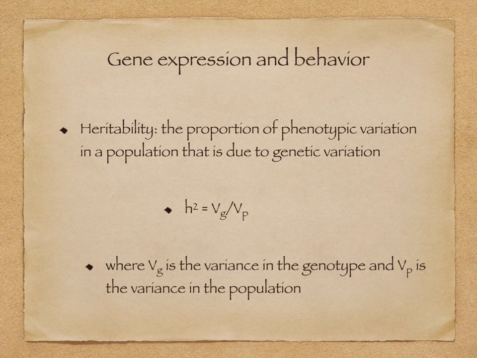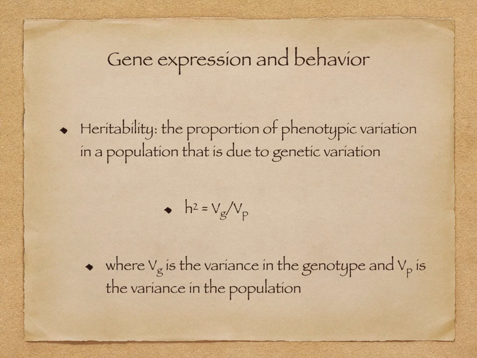And heritability, h squared, is equal to the variance in the genotype divided by the variance in the population. So that means that obviously the variance in the population is basically variance in the genotype plus variance associated with environment. And now we're trying to strip away the environmental issue and just look at the variability in the genotype itself.